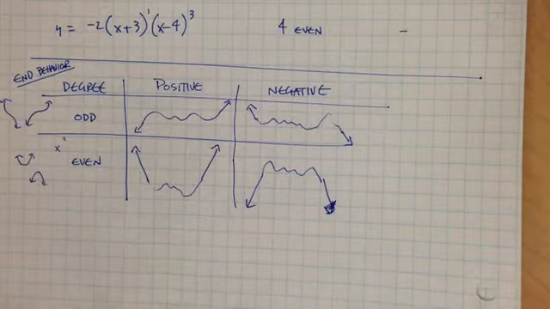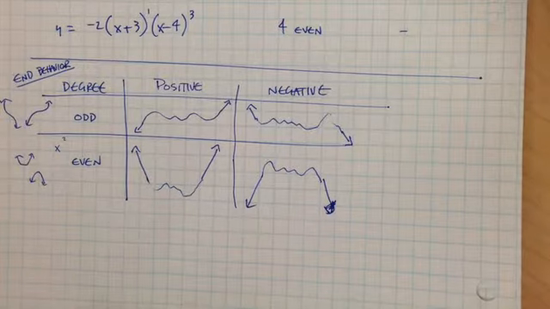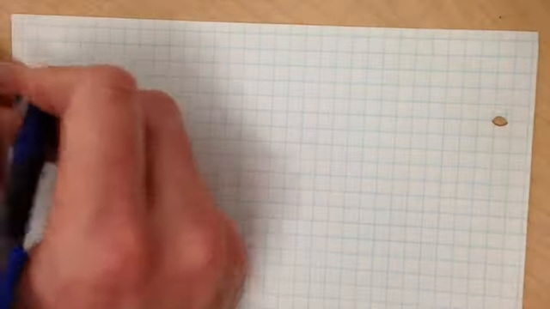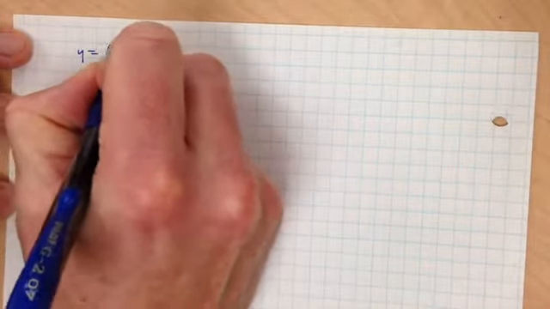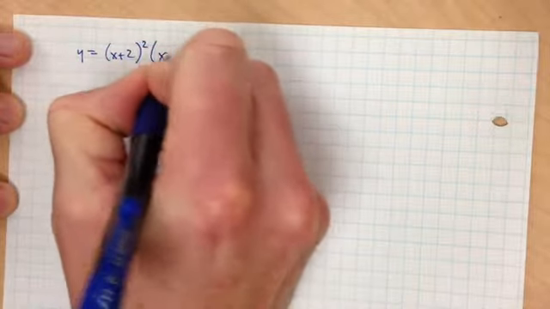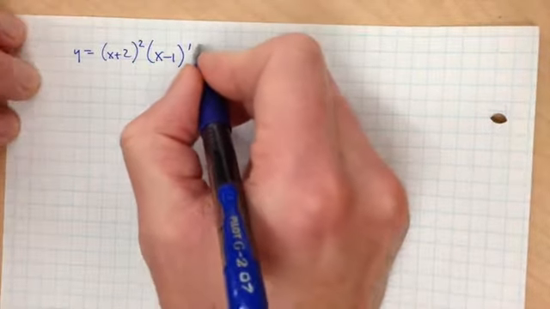We also now need to look at really the multiplicity of it. What is happening at these roots? So we're going to take a look at some of the previous examples that we've gone through here, and we're going to apply some graphs to those. Let's first start with y equals (x plus 2) squared, (x minus 1) to the first, (x plus 3) cubed.